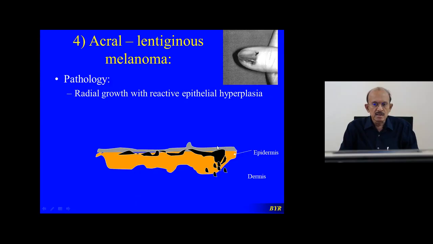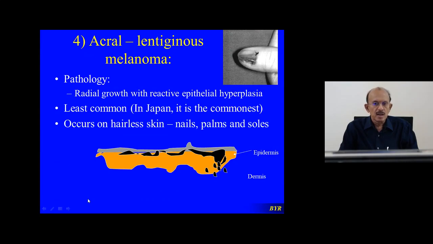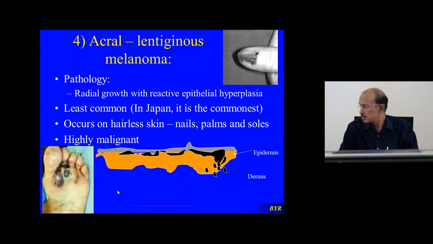So the epidermal cells react and then they form a layer over this. It is least common. In Japan it is the commonest. Occurs on hairless skin, that is nails, palms, and soles. It is highly malignant. It usually occurs on the soles.